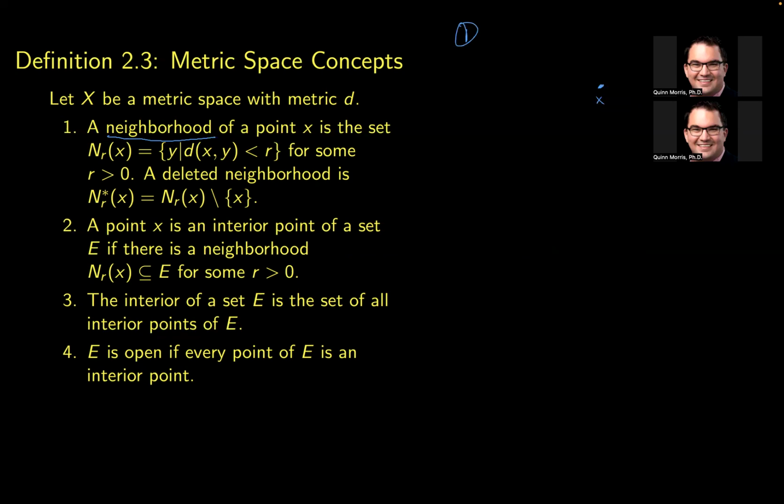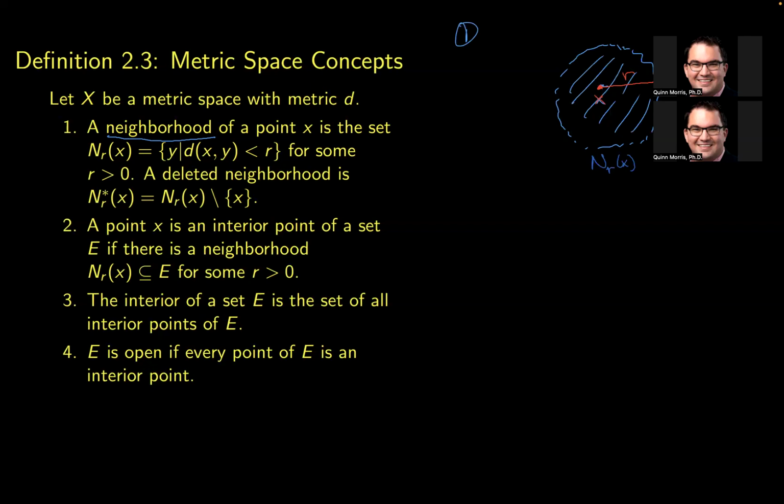This r is called r because if you're in the plane or on the real number line, this is literally like a radius. So the neighborhood is the set in blue here. This is N sub r of x. It's the set of all the points that are within distance r of that point x.